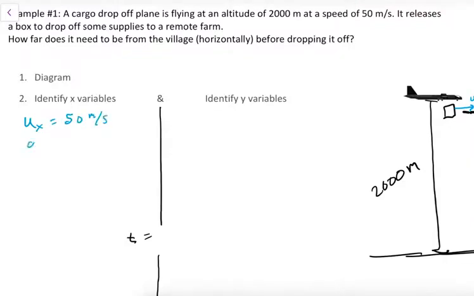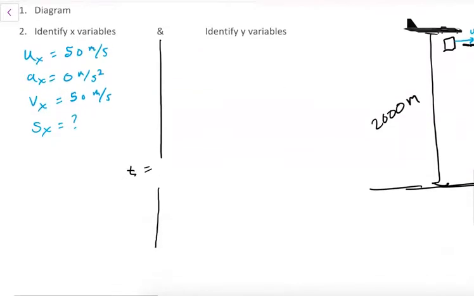I have my acceleration, which is 0. I have my final horizontal velocity of the same 50 meters per second. And I have my s of x, which is what we're trying to solve for. So we do not know that. We also don't know time, but since time doesn't have a horizontal or vertical component, I've put it in this little space in between horizontal and vertical variables. So we're going to eventually get to that, hopefully.